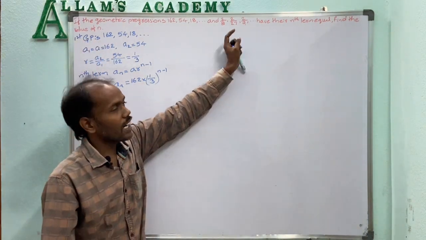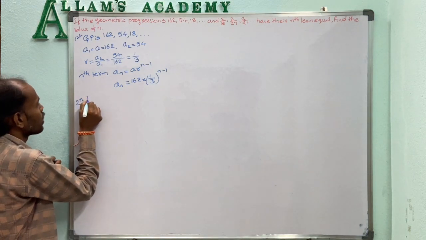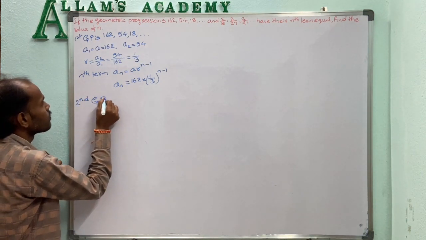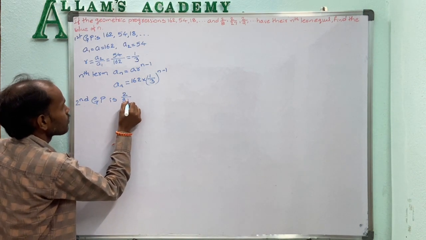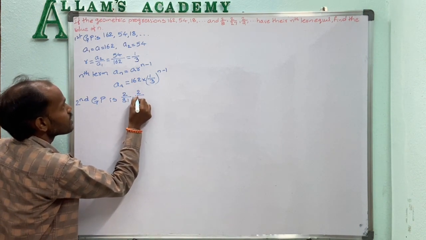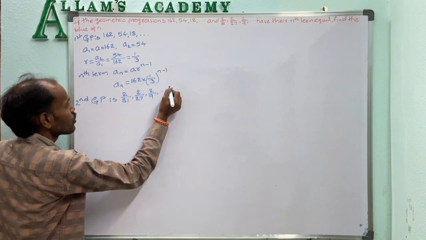Now the second geometric progression we are taking is 2/81, 2/27, 2/9 and so on.